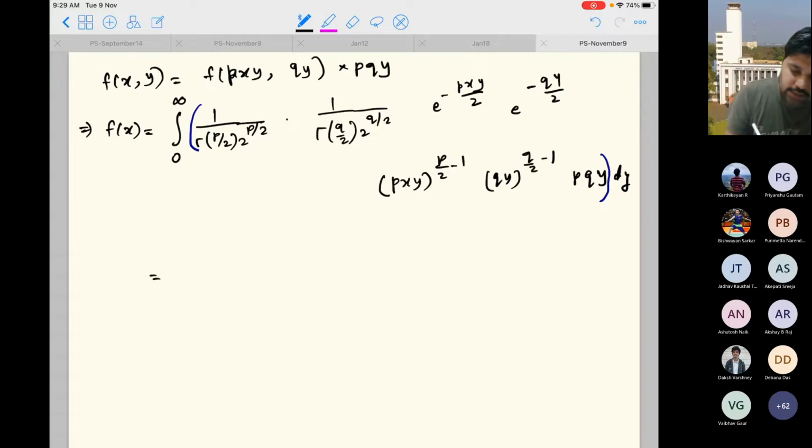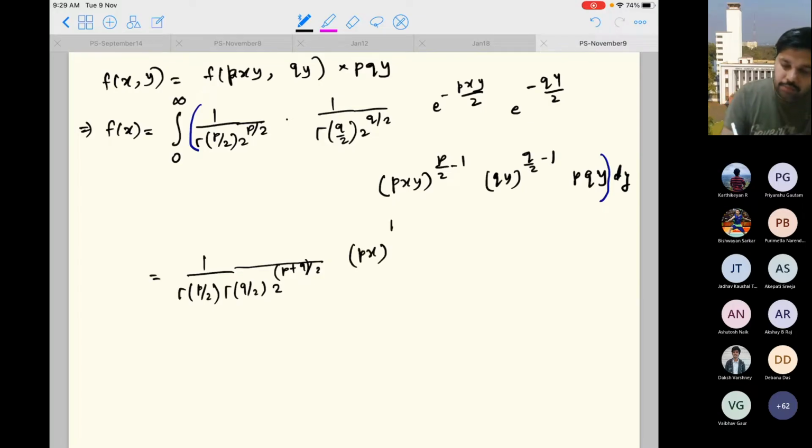So if you understand this, then I'll take the constants out. The constants coming out are gamma p by 2, gamma q by 2, then 2 to the power p plus q by 2. Then px to the power p by 2 minus 1 will come out, since it's independent of integration.